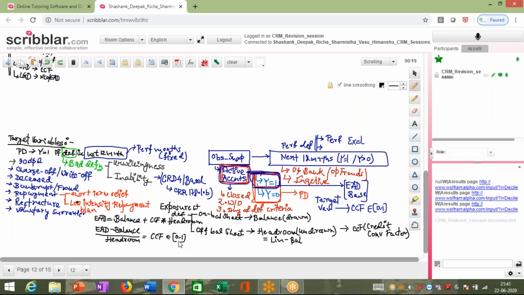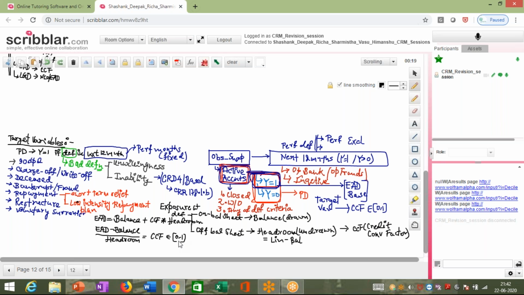That will give me an idea about the rate at which, on average, the portfolio can draw between the snapshot and the time to default, right? At the snapshot, all the records are non-delinquent, so they have used a certain amount and there is an outstanding balance, and in the performance all of them have defaulted.